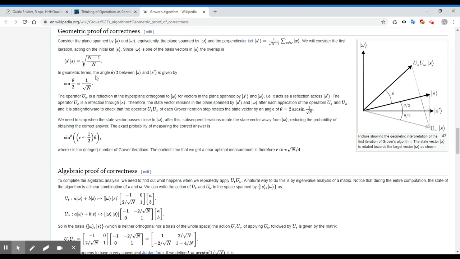In geometric terms, the angle between S and S prime is given by this. The operator U_W is a reflection at the hyperplane orthogonal to W. That's just too geometrically abstract for me already. For vectors in the plane spanned by S prime and W, it acts as a reflection across S prime.